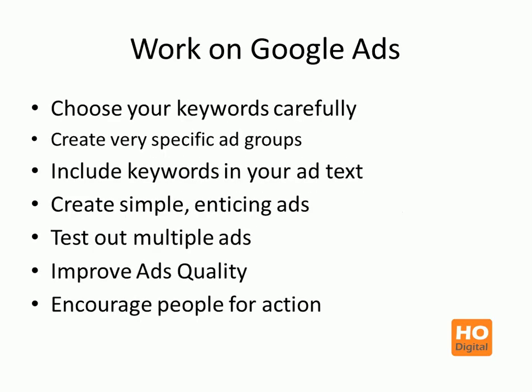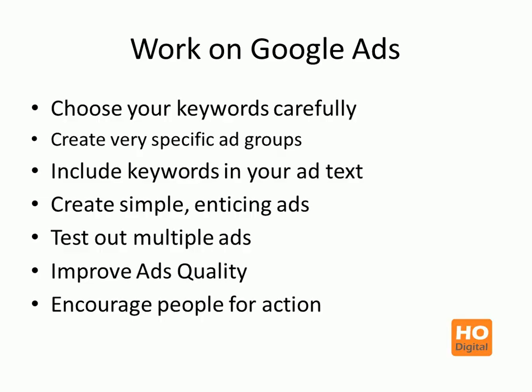So I will start with Google Ads. See, the idea of creating any campaign is to get a response, and you will only get a response when you put the right keywords. So you can use Keyword Planner, but use it very carefully. You need to pick those keywords which have good traffic.